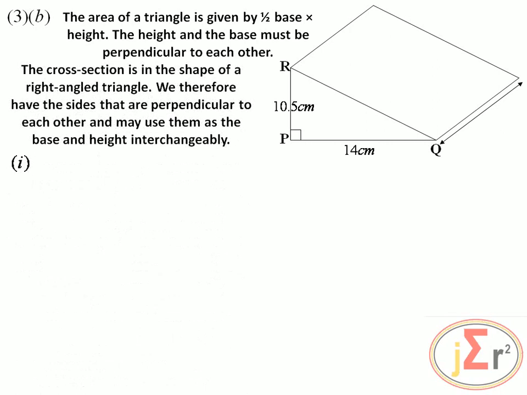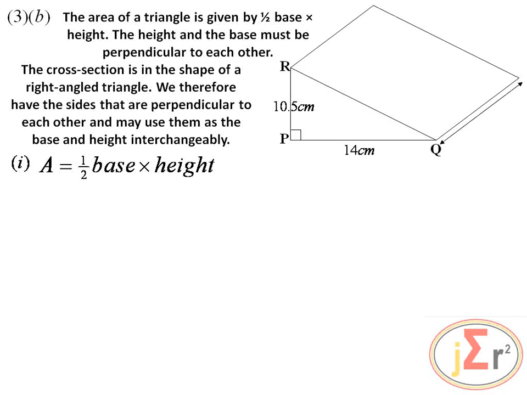The cross section is in the shape of a right angled triangle. We therefore have the sides that are perpendicular to each other and may use them as the base and the height interchangeably. So we may use these two, since they are perpendicular to each other in the triangle, we may use them as base and height because the base and height are required to be perpendicular to each other.